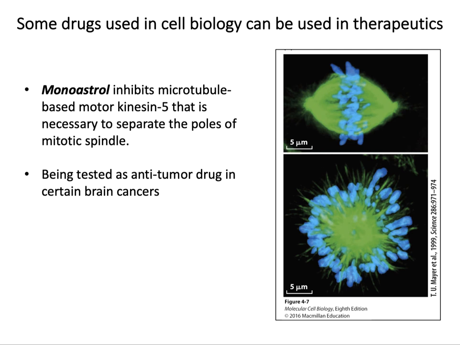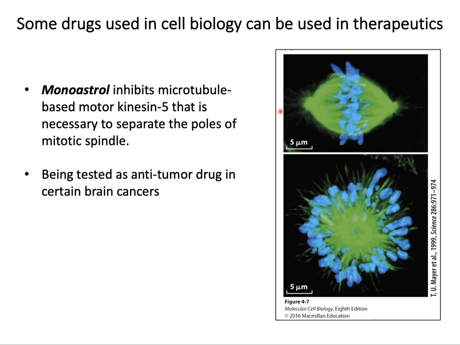Monastrol is a drug that inhibits a motor protein known as kinesin 5 associated with microtubules. We will talk about this in detail when we study the cytoskeleton. In brief, the kinesin 5 motor is necessary to push the spindle poles apart to form a mitotic spindle that is needed for chromosomal segregation during cell division or mitosis.